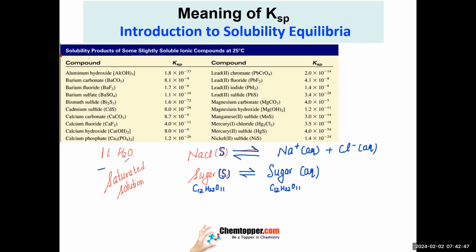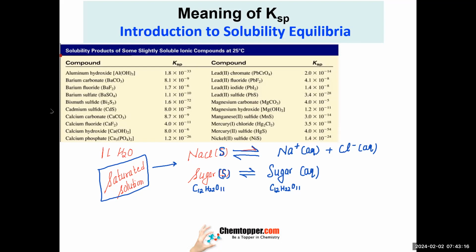So what's the meaning of a saturated solution? That there is an equilibrium between the not soluble and the soluble part. It is the state of the solution when you cannot dissolve more of the solid into water. But has dissolution stopped?